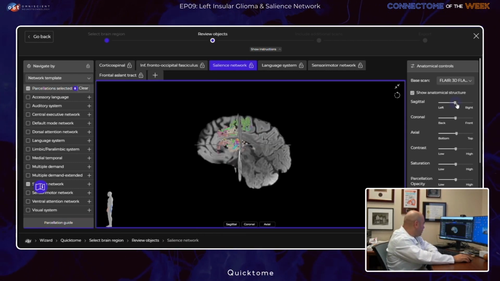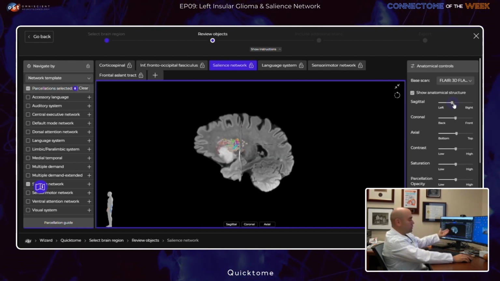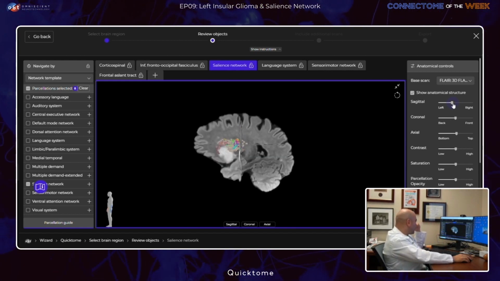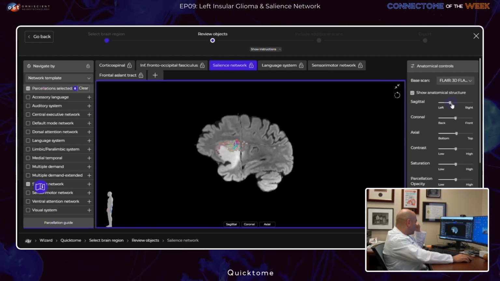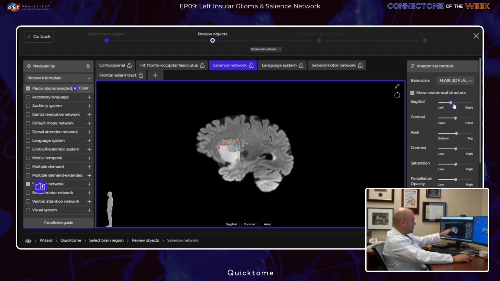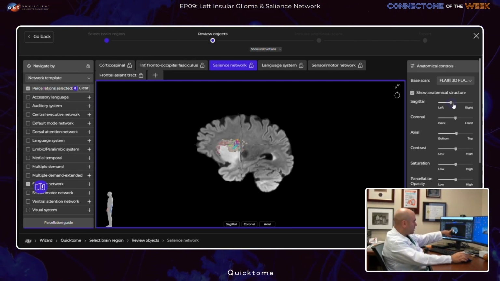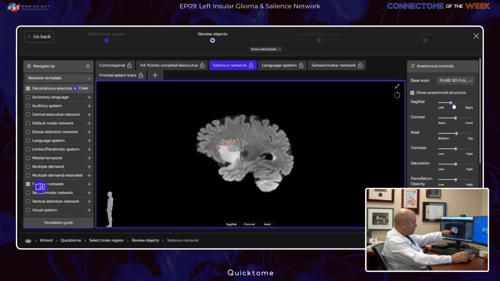As I'm scrolling through the sagittal component here, and now you're starting to see the tumor come into the picture, it really helps to illustrate the density of the parcellations and the networks within Salience along this upper portion of this mass, posterior, and maybe really within some of the mass itself.